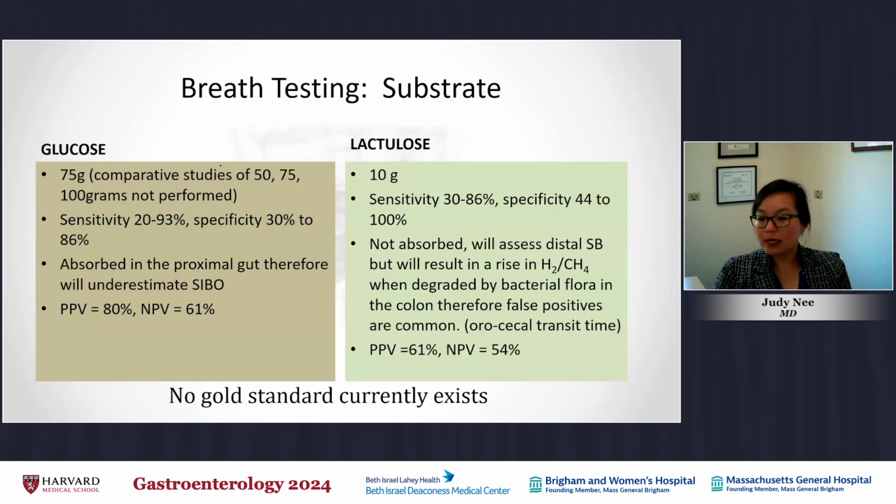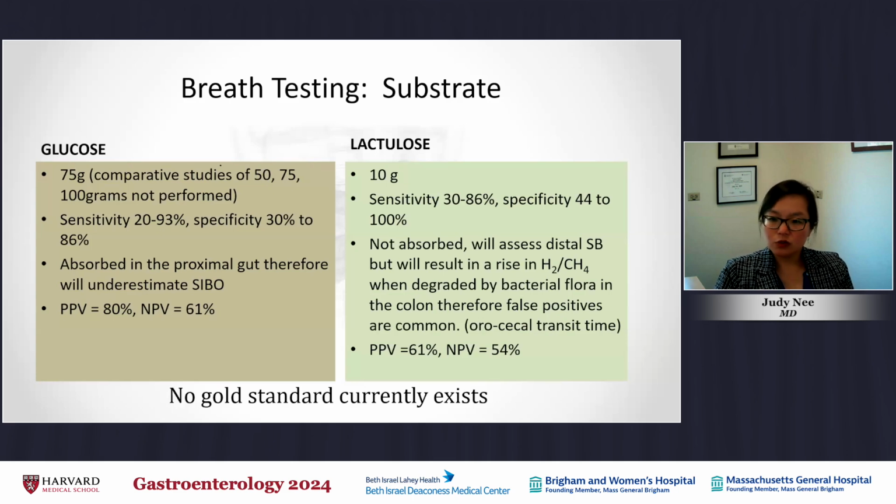It is not absorbed, so it will definitely go into the distal small bowel and reach the colon, where degradation by flora can result in a rise of hydrogen and or methane, and therefore cause false positives. The positive predictive value is 61% and the negative predictive value is 54%.